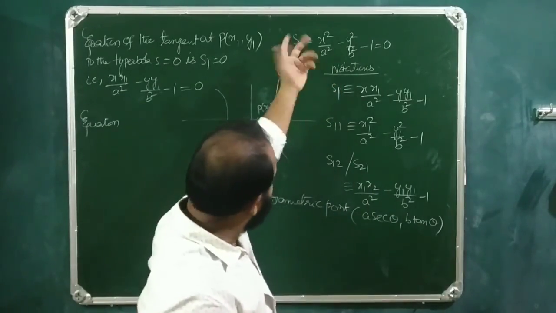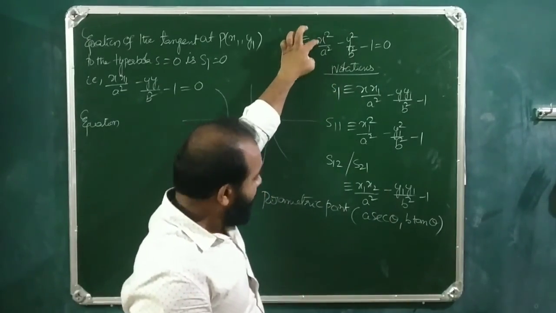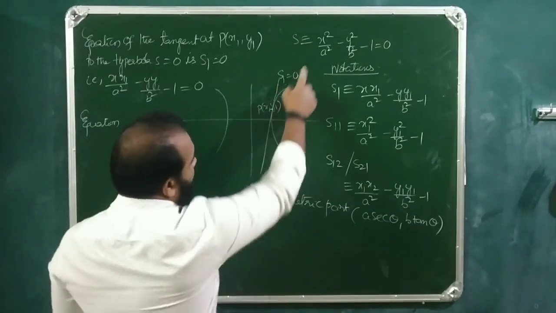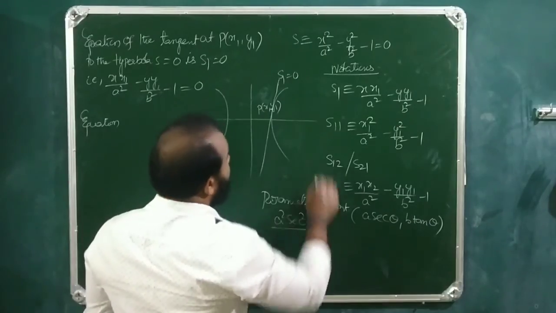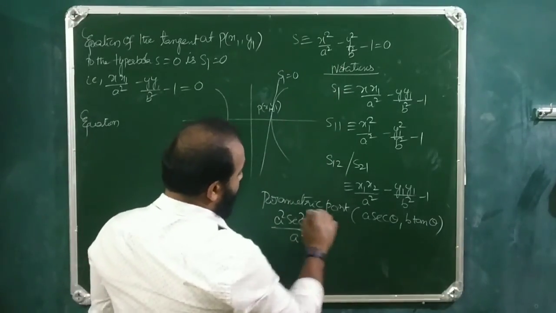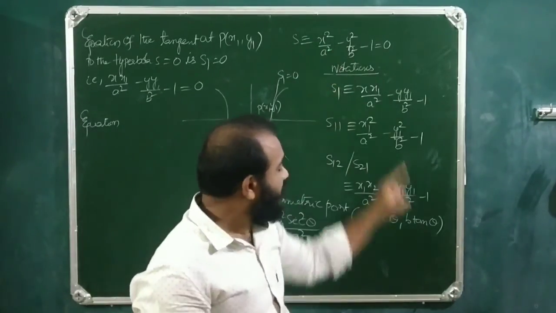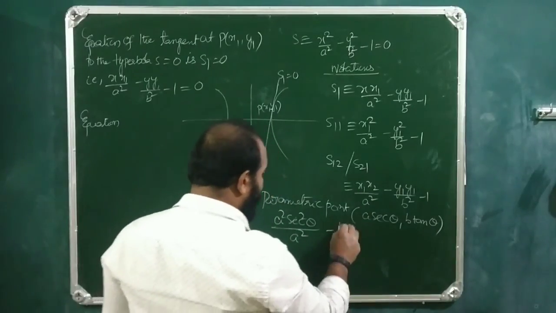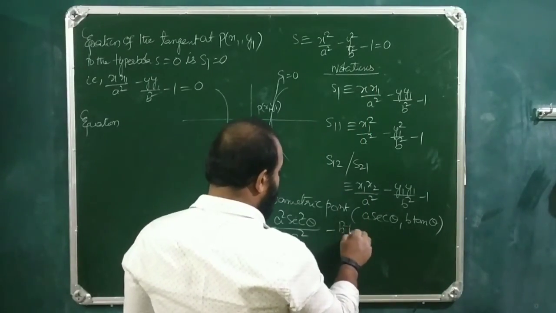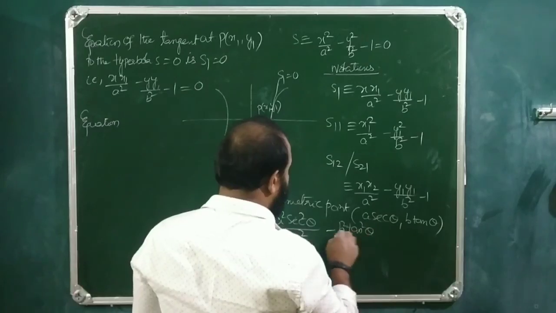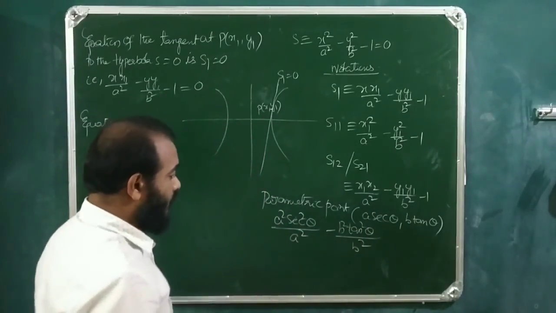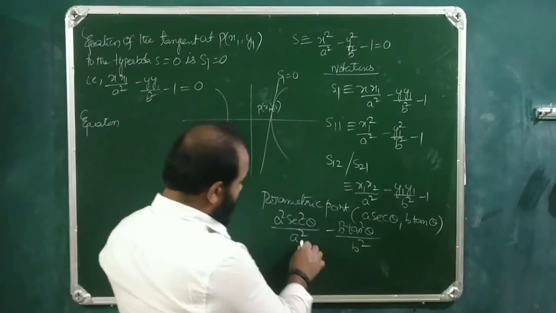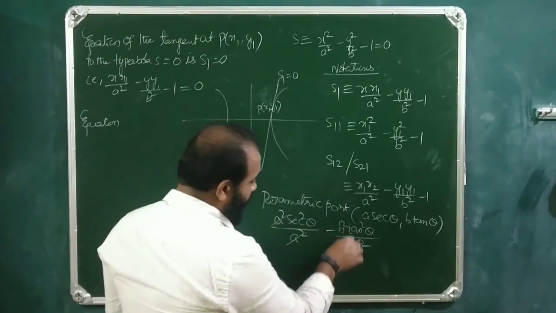In place of x substitute a secant theta: a square secant square theta by a square, minus, in place of y substitute b tan theta: b square tan square theta by b square. The a square gets cancelled, the b square gets cancelled.